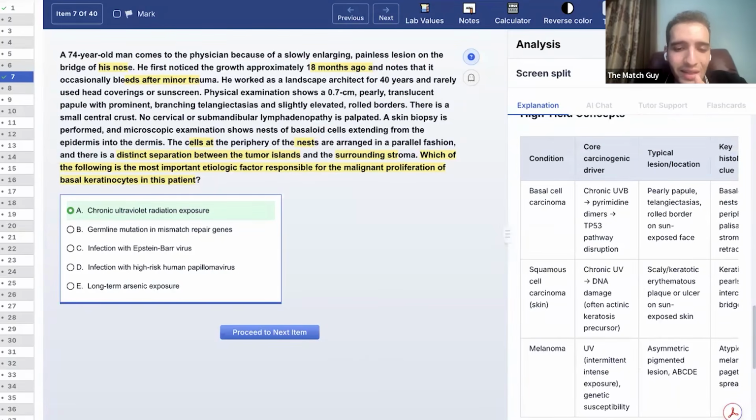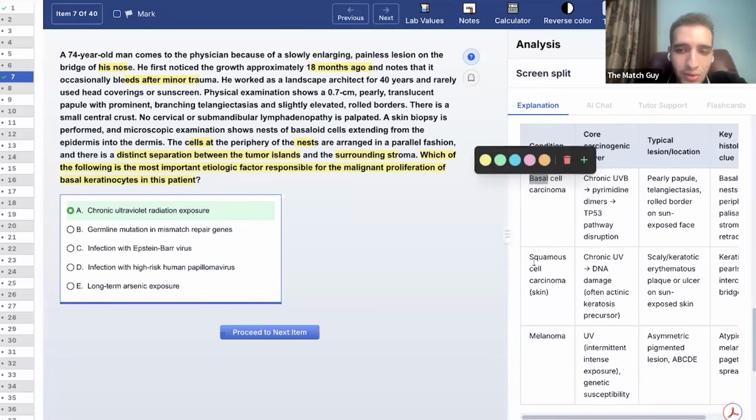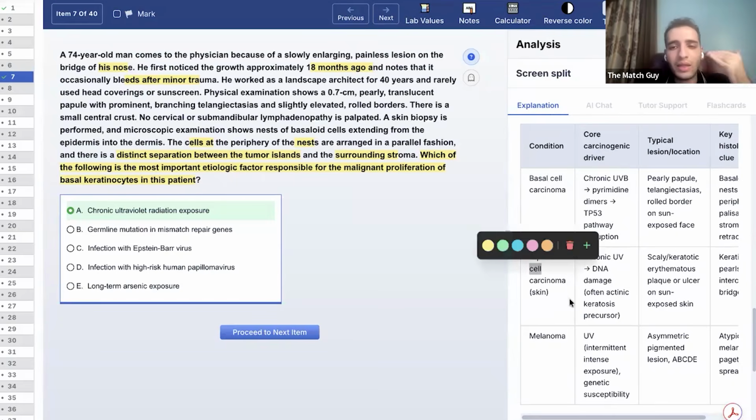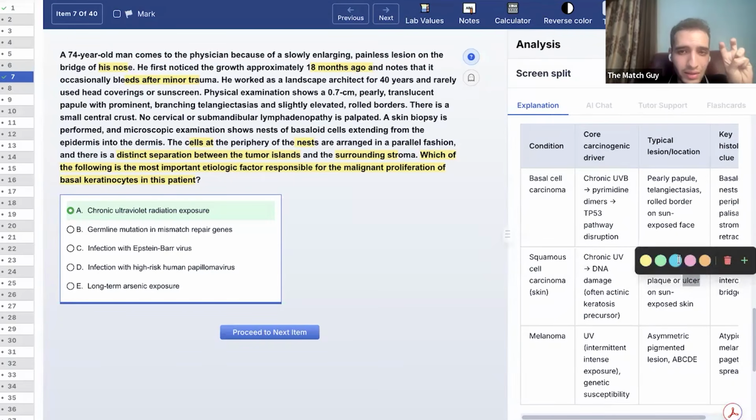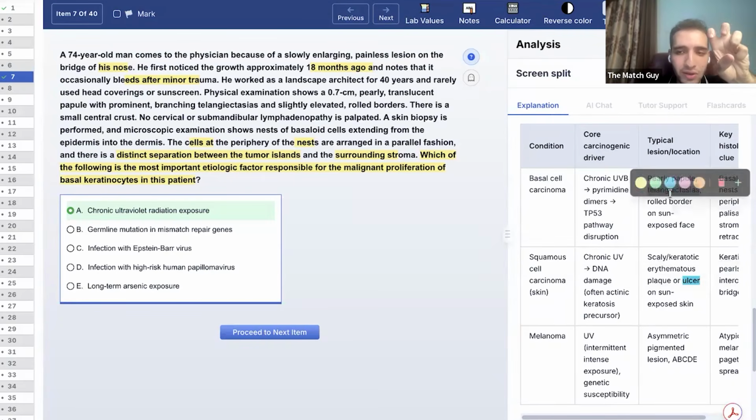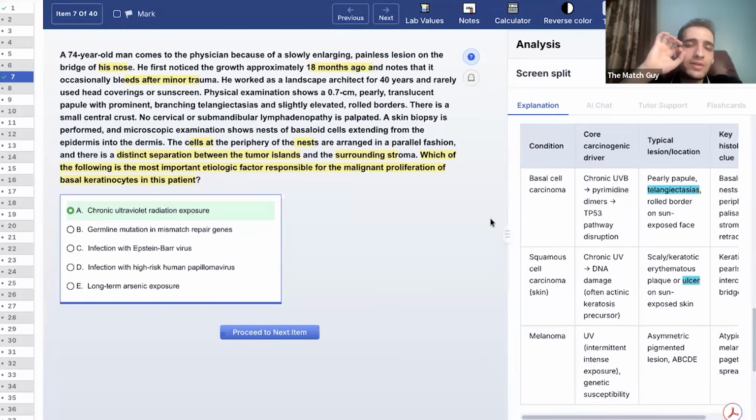Let's say I didn't know in the question whether it is basal cell or squamous cell. So I need to figure out the difference between them, because apparently squamous cell can cause ulceration, but basal cell will cause this telangiectasia we talked about. So please, guys, answering the question correctly doesn't mean that you know everything about it. And this doesn't mean that you are ready to answer it on the exam.